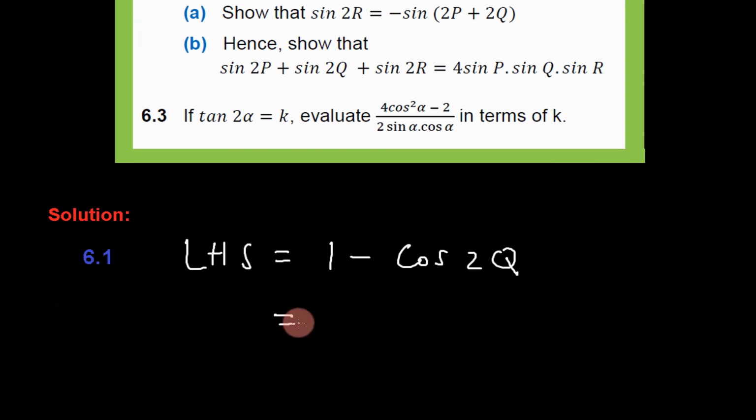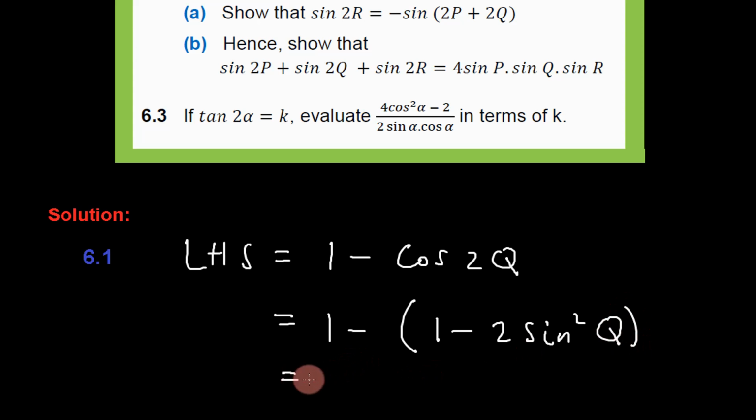So we're going to use one of the 3 expansions for cos 2q, a double angle expansion. And more specifically, we're going to use the one that involves only sine. We know that cos 2q is 1 minus 2 sine squared q. And of course we need brackets here because of the negative that we have here.